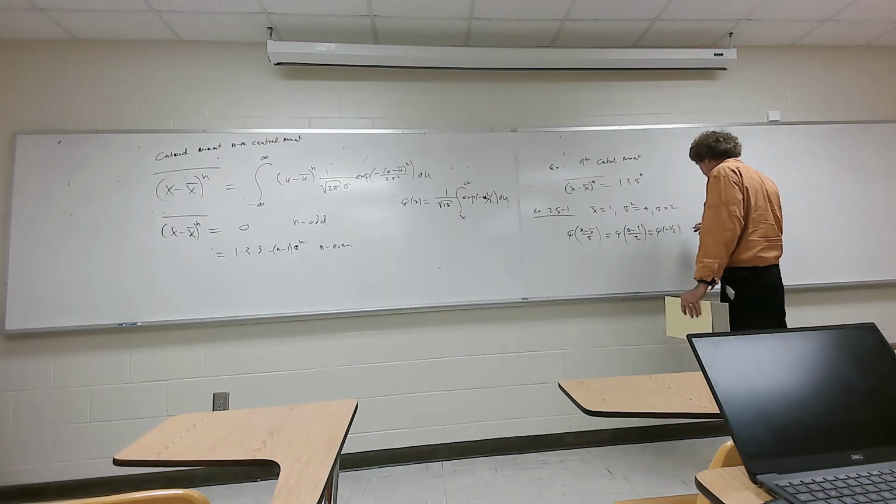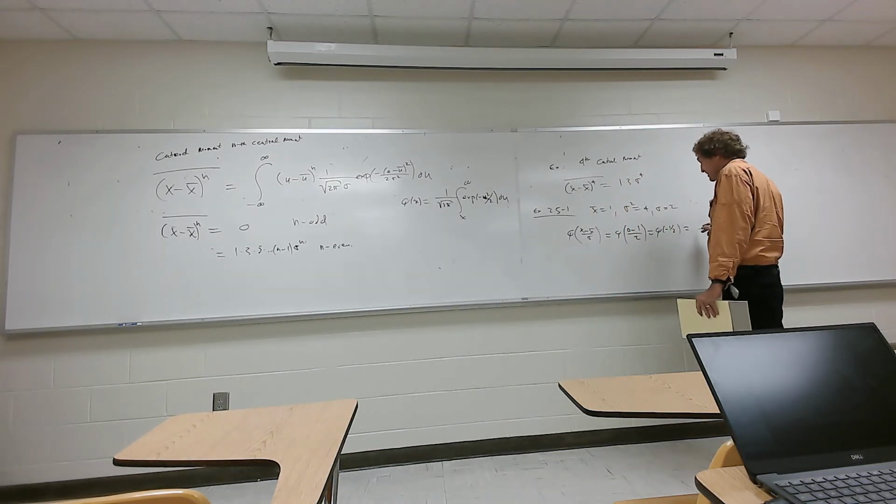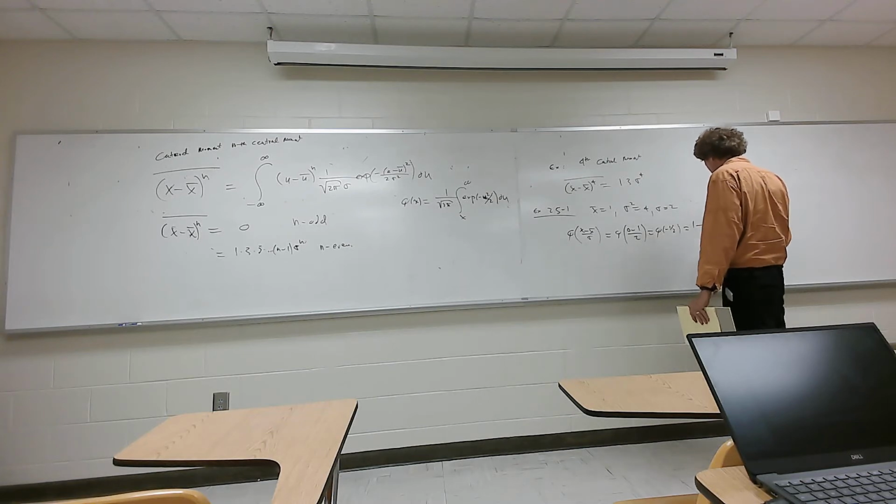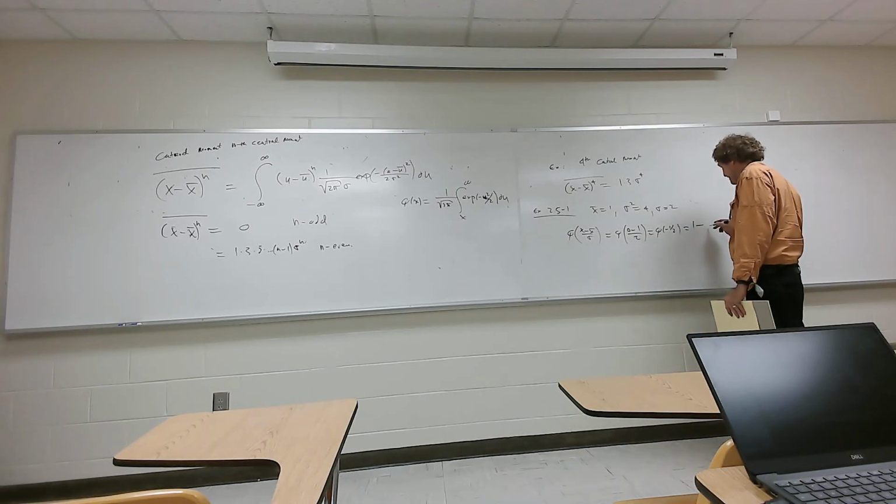What that is really going to be equal to is 1 minus the probability that the function is going to have a value greater.